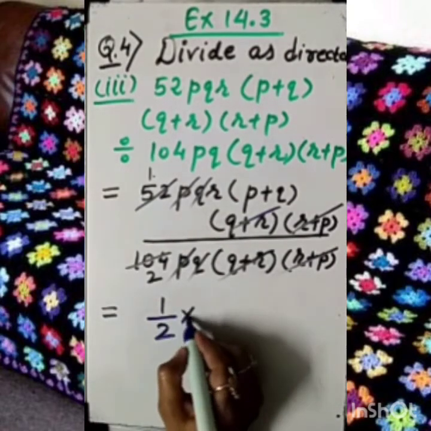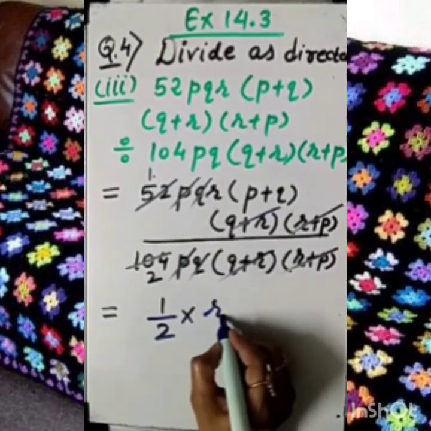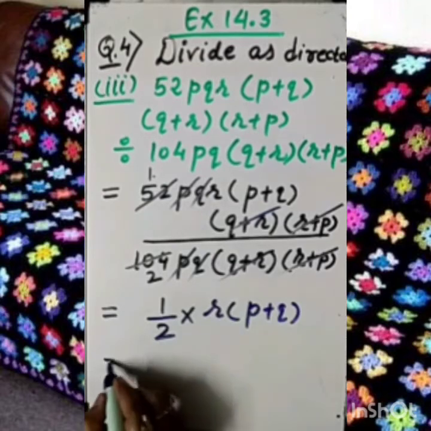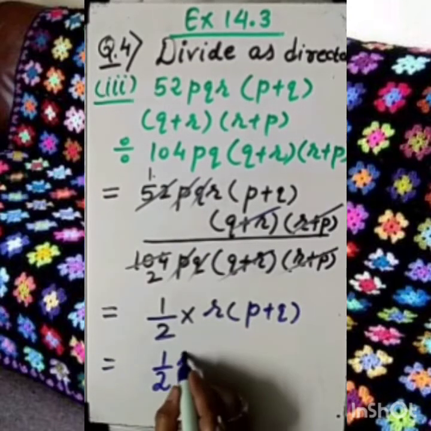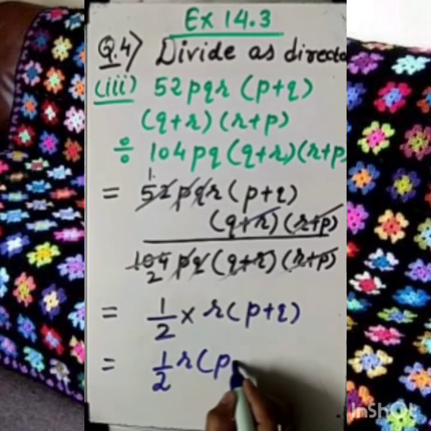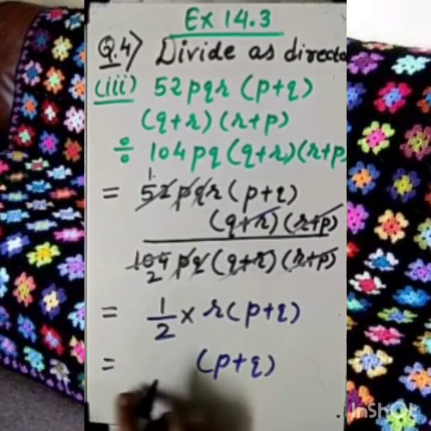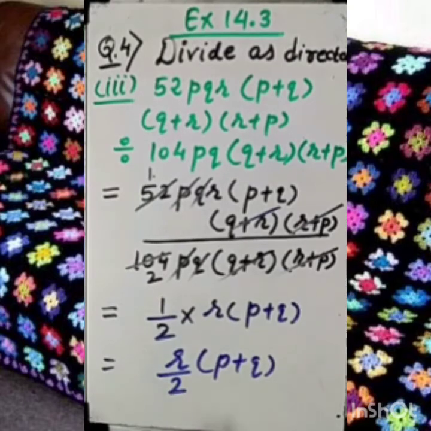Beside this you can see r is left and the bracket p plus q is left. So the final answer we need to mention is 1/2 r(p plus q). If you do not want to write it this way, you can write r divided by 2, times the bracket p plus q. This can also be the solution of the third part of question number 4. Easy.